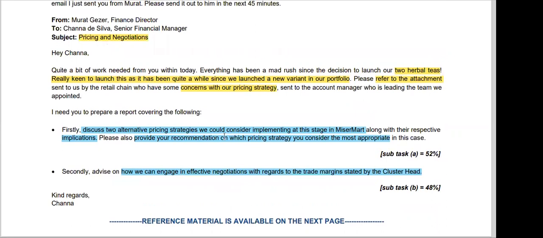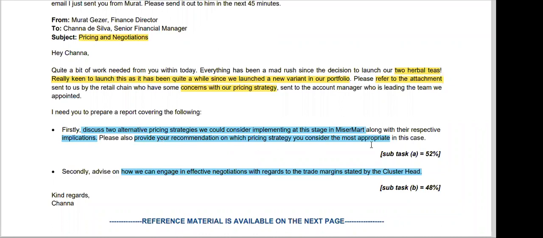So let's look at what the requirements are. Firstly, discuss two alternative pricing strategies we could consider implementing at this stage at Mizamat. Okay, so we are supposed to talk about two alternative pricing strategies, and on top of that, you are supposed to highlight the implications of using these pricing strategies. Please also provide your recommendation on which pricing strategy you consider the most appropriate.